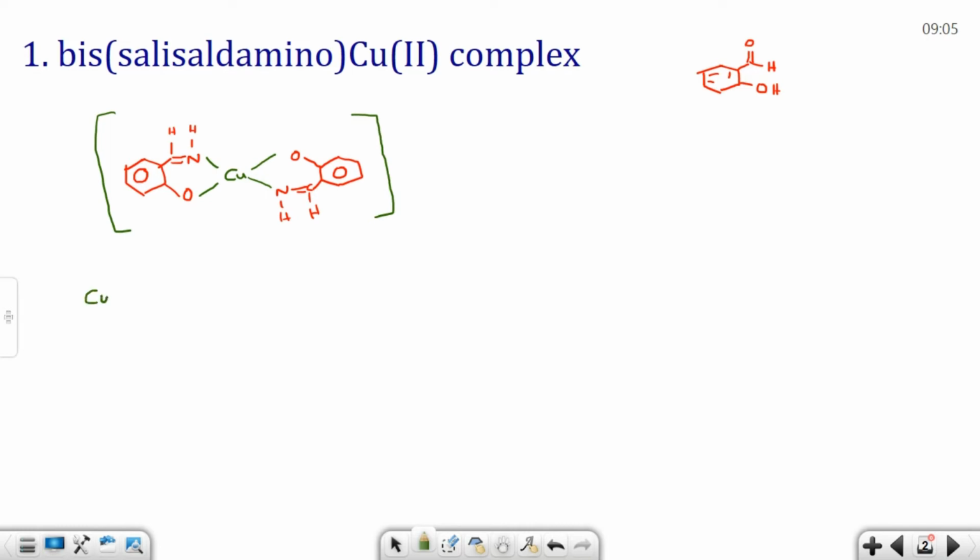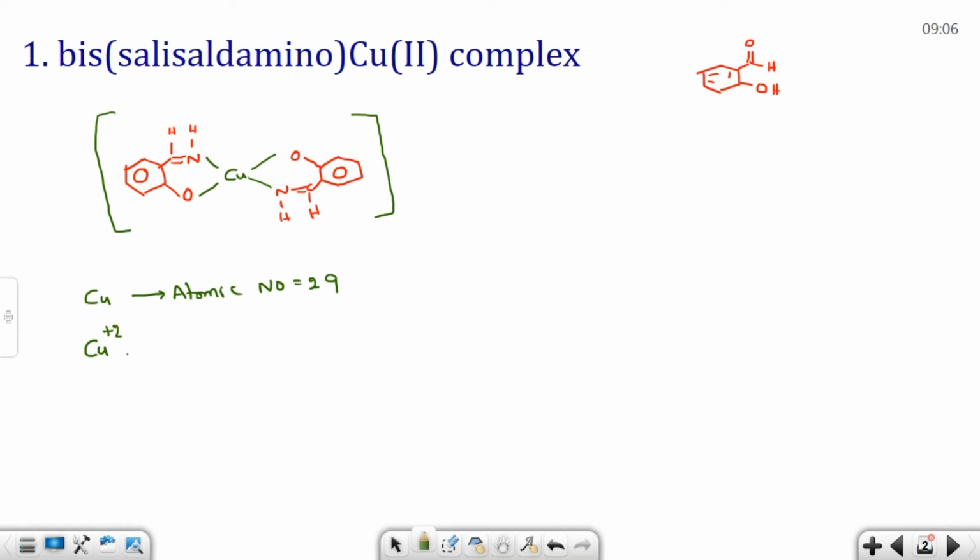You have seen that copper is present. The atomic number of copper is 29, but copper is present in the plus 2 oxidation state.